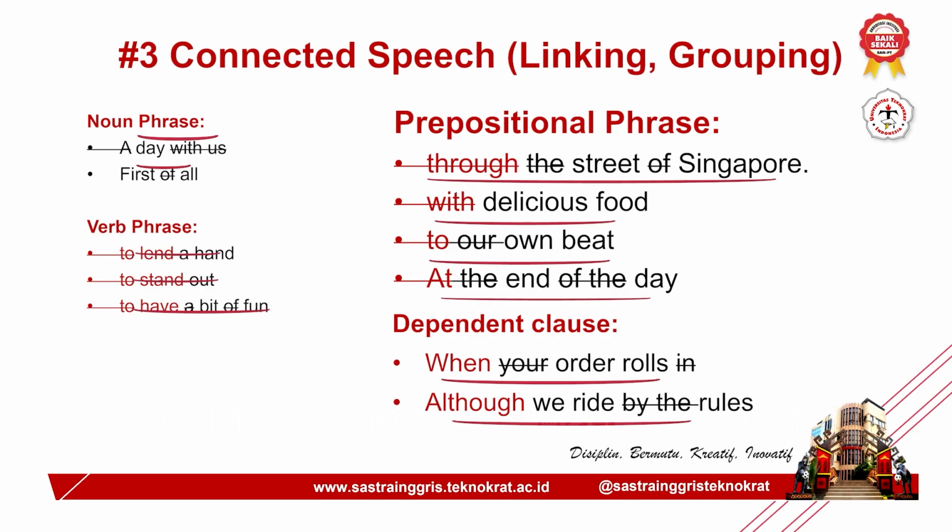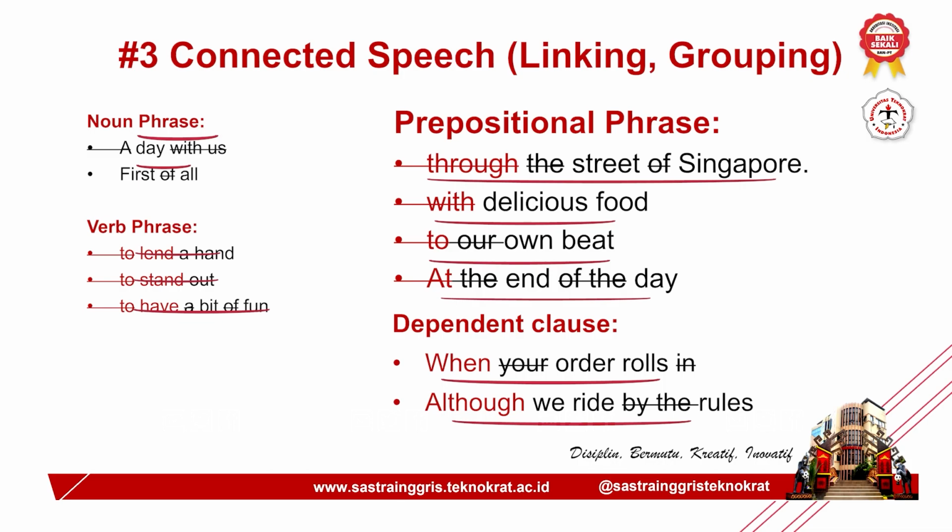To stand out. You can say to stand out. And then to have a bit of fun. You can say to have a bit of fun. So it's like linking. A bit of fun.